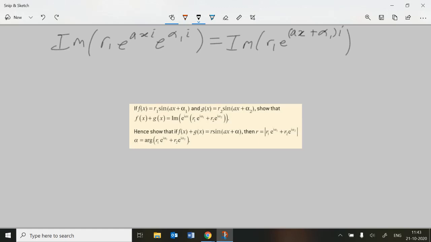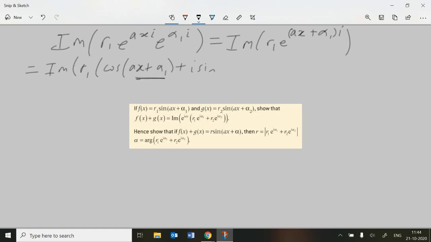And now if we're going to do the imaginary part of this, well, that's the same as saying the imaginary part of, let's put this into its other polar form. So let's put it into cis theta. And so in this case here, we're now going to get R1, and this is going to give us here cis theta. So that's going to be cos of (ax plus alpha 1) plus i sine of the same thing here.